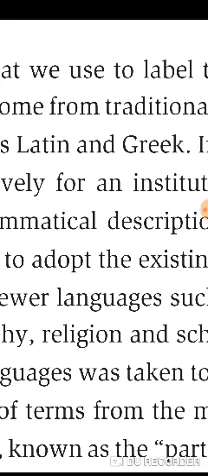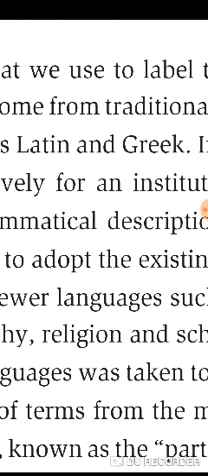So not only English, all other European languages like French, Italian, Spanish, Portuguese, etc., came to use the grammar of Latin and Greek in order to establish their grammars.